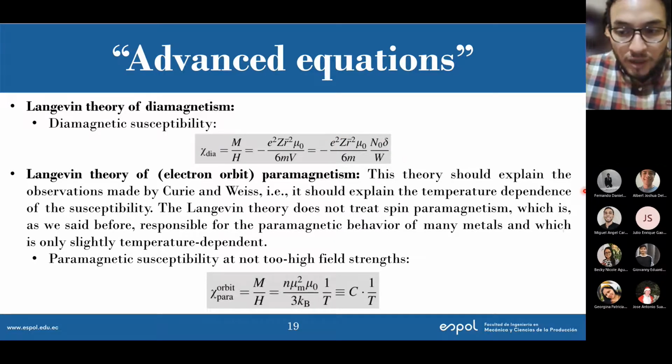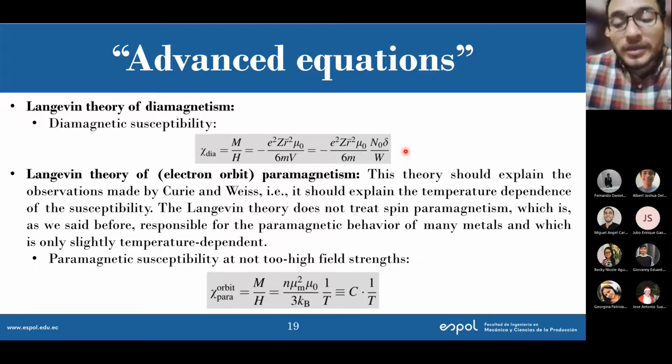Those are all the terms you have there. And if you start putting numbers there, you will get susceptibilities between 10 to the -5 and 10 to the -7, which is actually quite in agreement with experimental values.